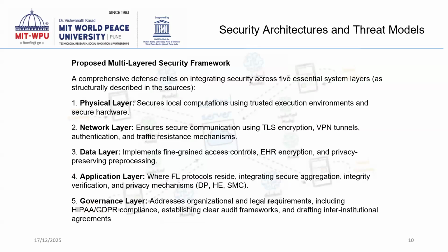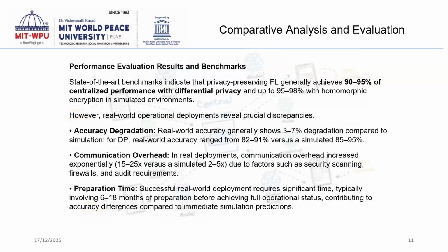So, moving on to the comparative analysis and evaluation part. Performance benchmarks indicate that privacy preserving federated learning achieves approximately 85 to 95% of centralized model accuracy. Differential privacy typically achieves around 90 to 95%, while homomorphic encryption can reach 95 to 98% accuracy in simulated settings.